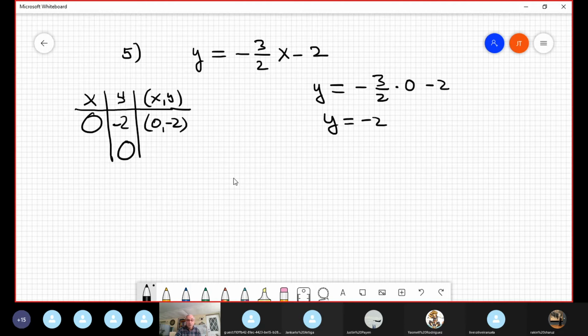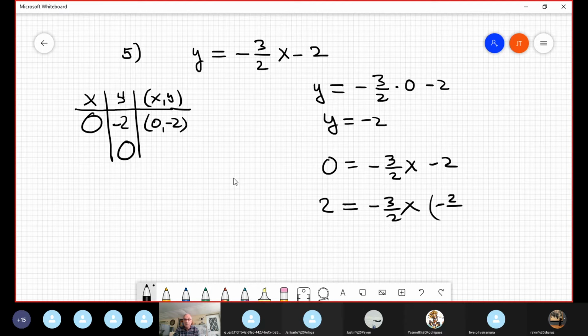Let's move on to the 0 in y. 0 in y is 0 here, equal to negative 3/2 x minus 2. And you solve for x. I move 2 to the left, like a positive. In order to isolate the x, you multiply by negative 2/3. Why negative 2/3?